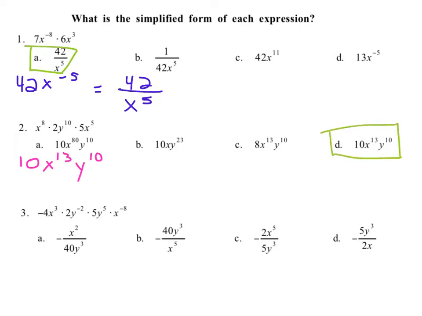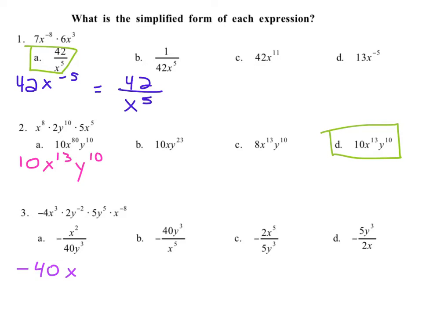Yep. And finally for number 3, we're going to multiply the coefficients. We say negative 4 times 2, negative 8, negative 8 times 5, negative 40. And what do we get for exponents? Well, what do we have for bases? We have an x base.